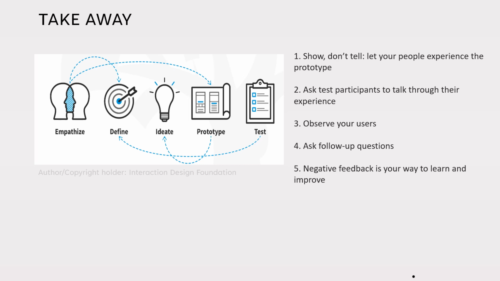Number 1, show and don't tell. Let your people experience the prototype. Number 2, ask test participants to talk through their experience. Number 3, observe your users. Number 4, ask follow-up questions. And number 5, negative feedback is your way to learn and improve.